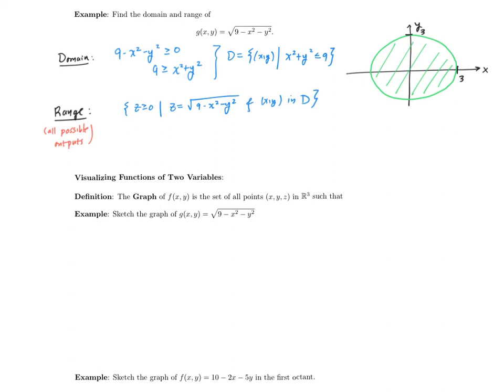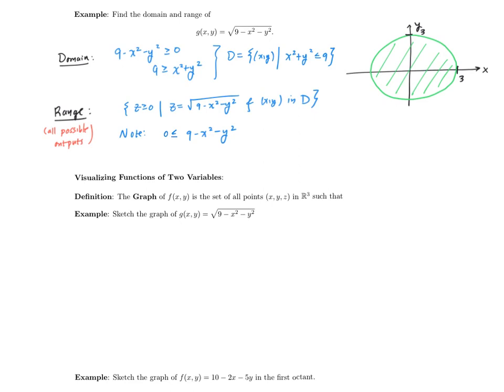What we are doing to get that output is we're taking the square root of some quantity, which I think is something we can work with. So let's make an observation. If you look at this input, 9 minus x squared minus y squared, because we are substituting it into the square root, that is because it is in this set D that we found, it needs to be a positive quantity.